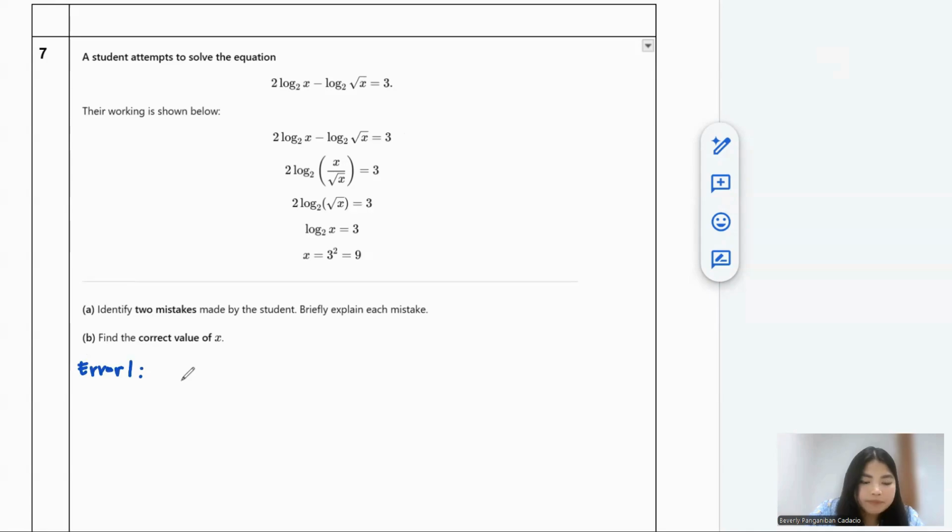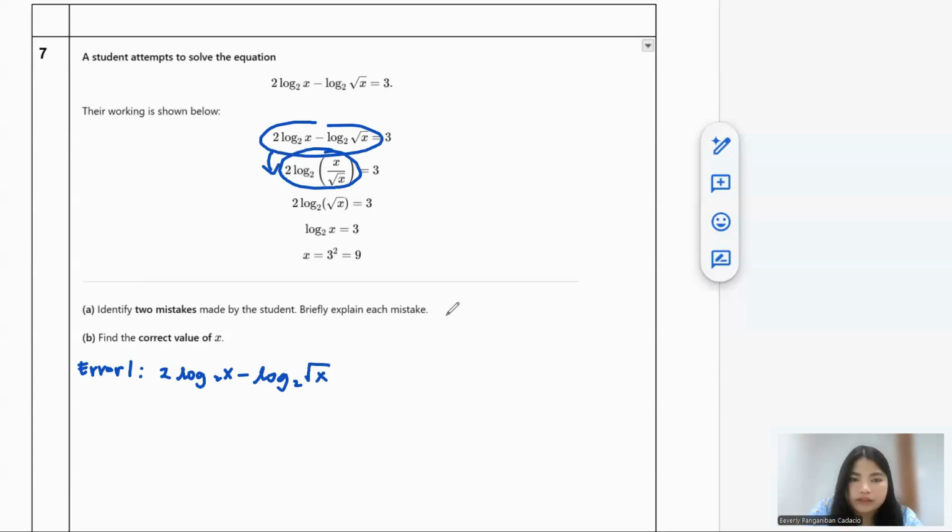Like for error 1, you can say that the 2 log 2x minus log 2 root x is not equal for this one. Like, how come from this it becomes that? No, that's very wrong. So you can rewrite it and then put a symbol there of not equal to 2 log 2 x over root x.